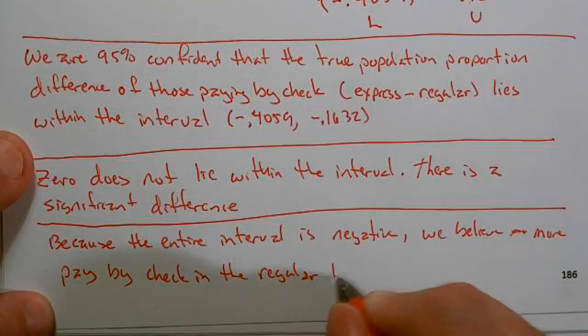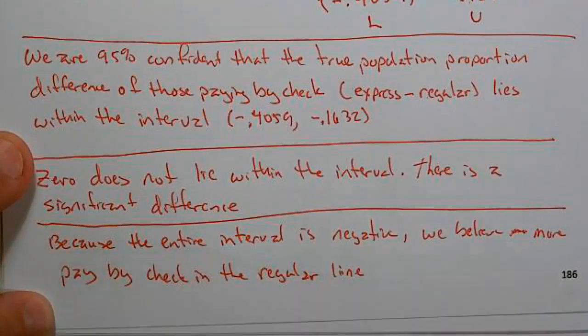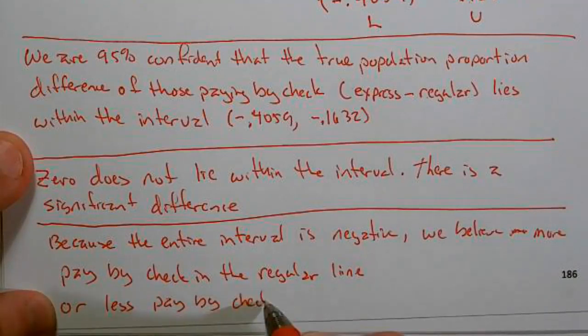Or you could say less pay by check in the express line. More pay by check in the regular line, or less pay by check in the express line. They both mean the same thing. You only need to say one of those.